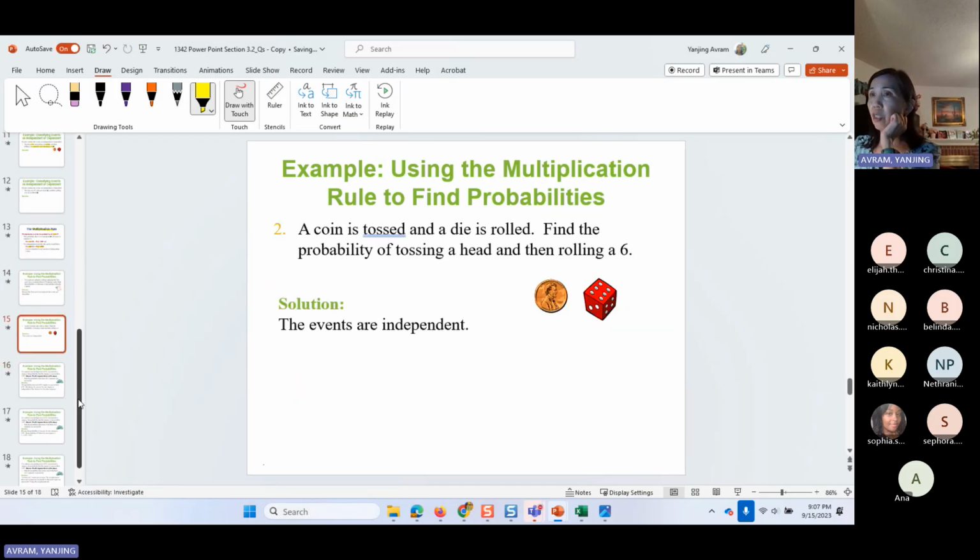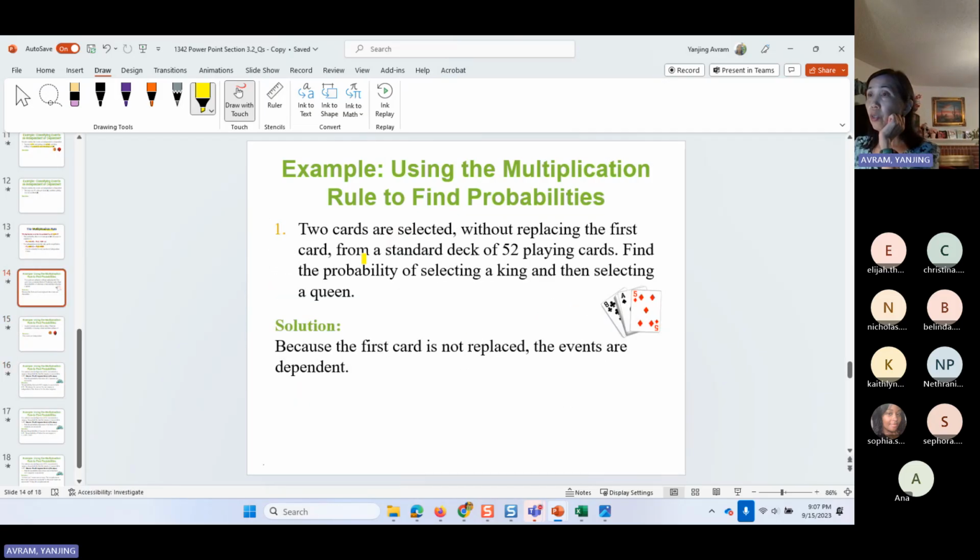Okay, let's look at this one right here. Two cards are selected without replacing the first card from a standard deck of 52 playing cards. Find the probability of selecting a king and then selecting a queen.